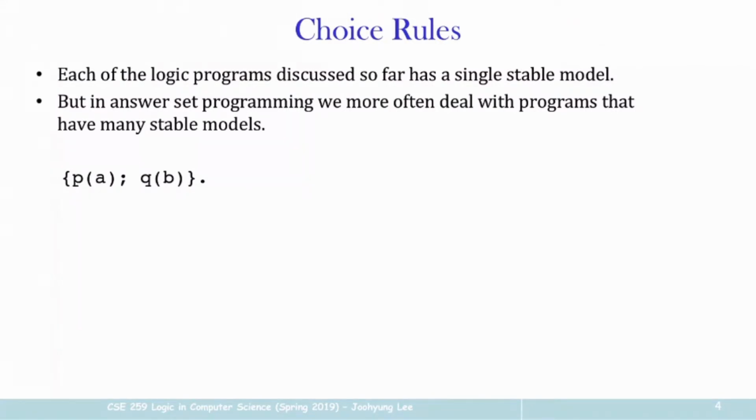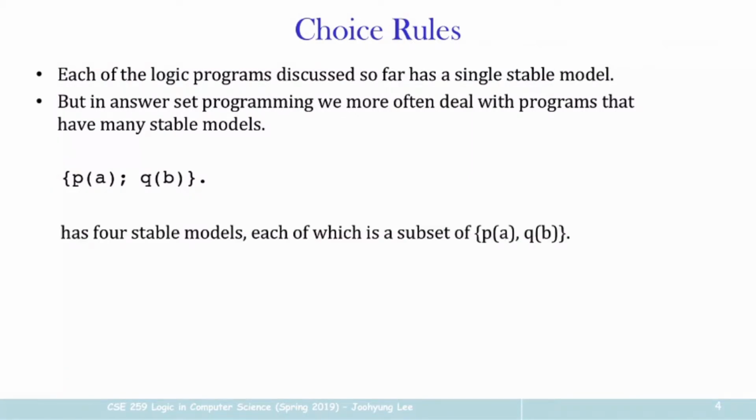And how many subsets are there? P of A, Q of B, how many subsets are there? 4, right? These are the 4. The first one is you don't choose any of them.